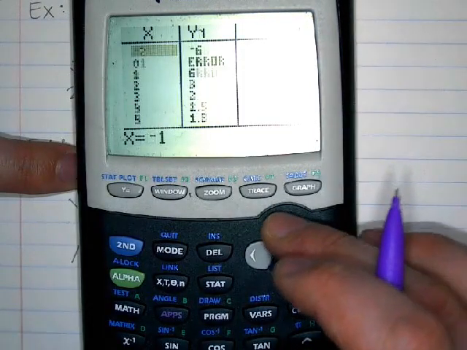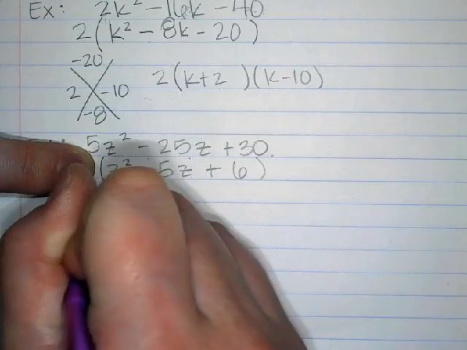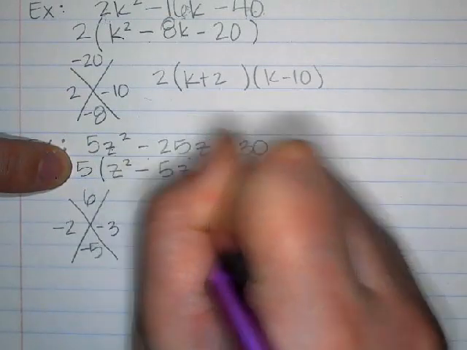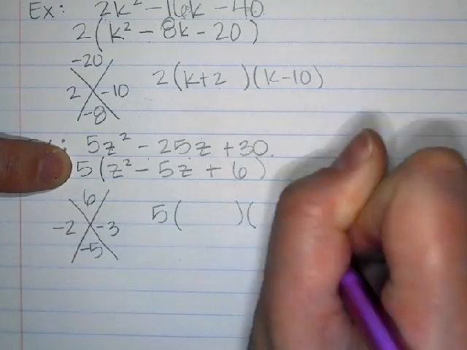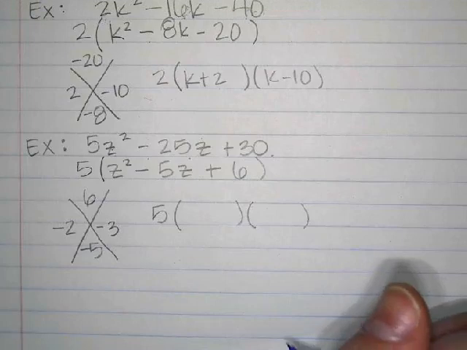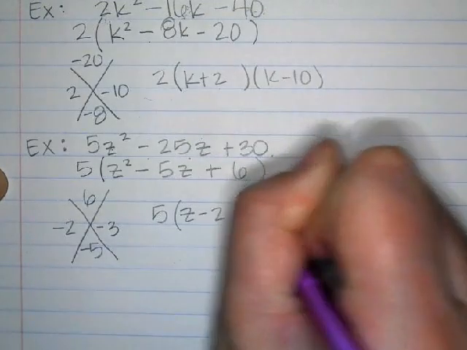Okay. So I'm going to keep the 5 in the front, and then I have 2 sets of parentheses. And what goes in my parentheses? Z minus 2, Z minus 3. Okay.